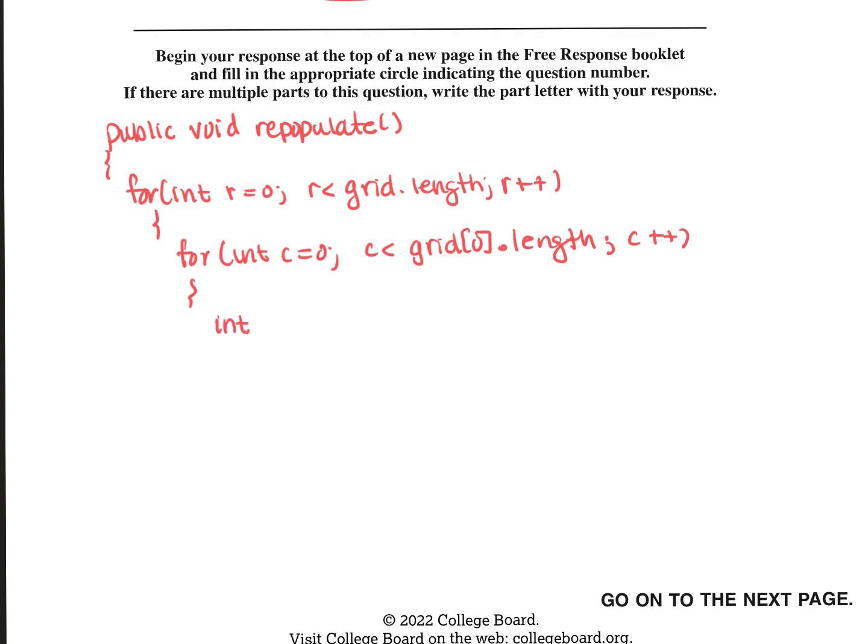So the next thing we have to do is actually calculate our random number. So int, I'm going to call it ran, and that's going to be equal to math.random, and then we're going to multiply that by the max and add 1.